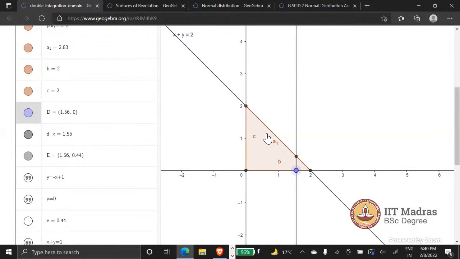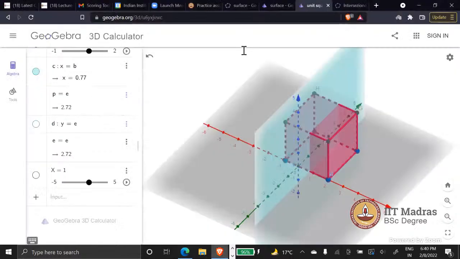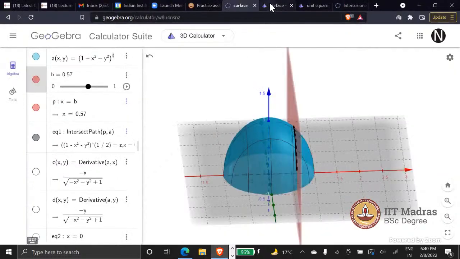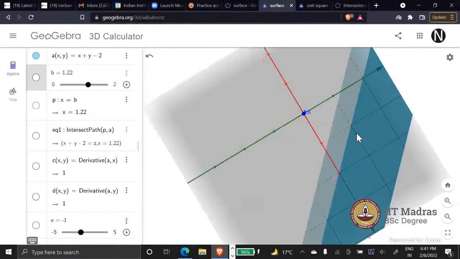Now, if we go to the cube on the 3D plane. Yeah, this one. Just uniform distribution. Okay, this is also fine. This is x plus y minus 2 equal to 0.